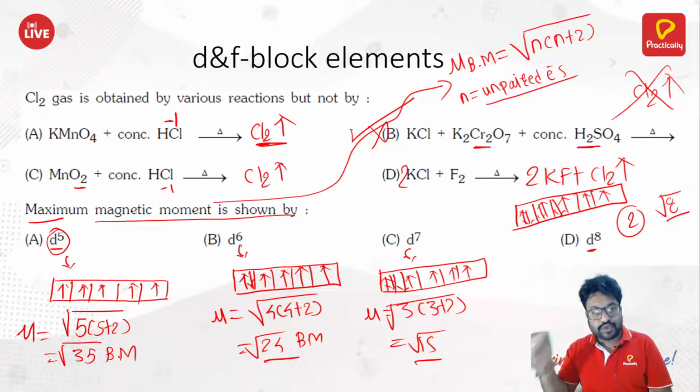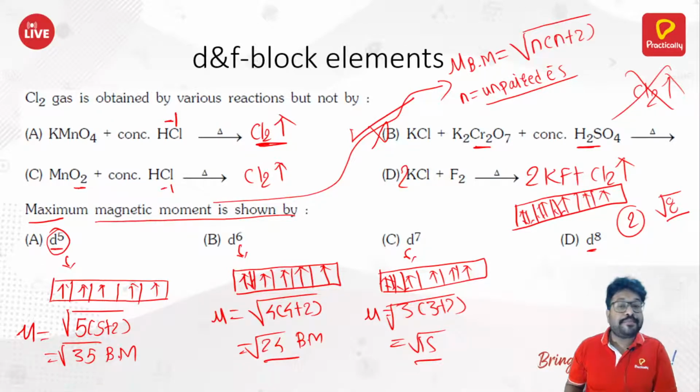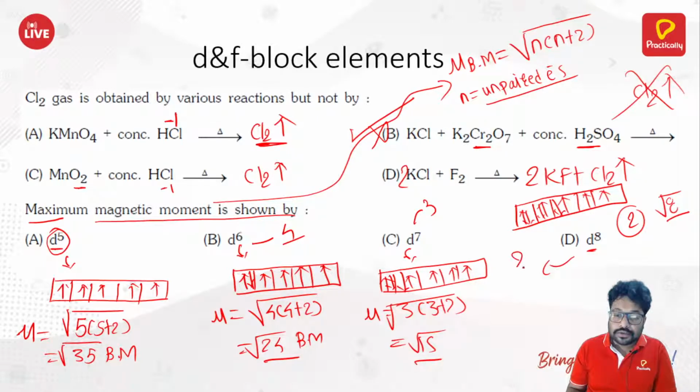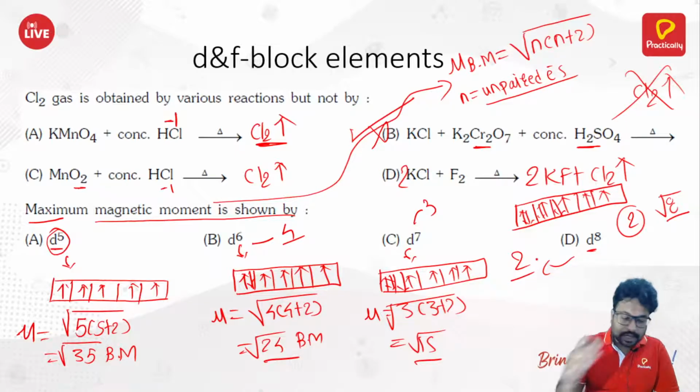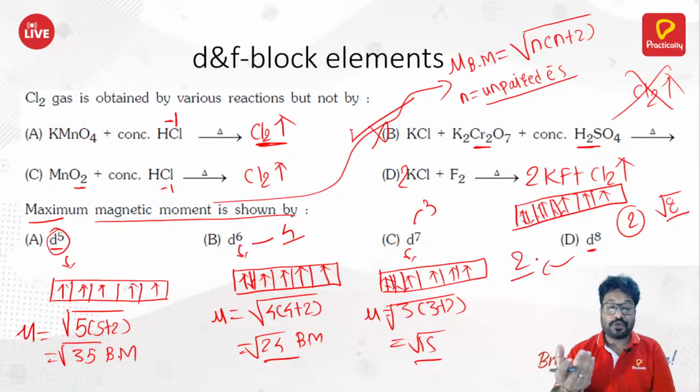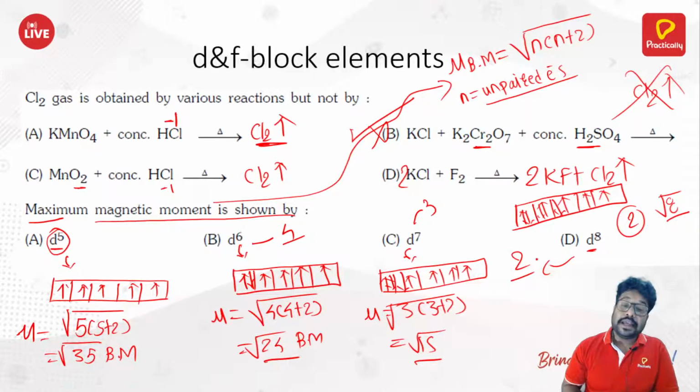From d5 onwards to d10, the number of unpaired electrons decreases: d6 has 4, d7 has 3, d8 has 2, d9 has 1, d10 has 0. So next time you can remember it directly instead of solving this. I made you understand, that is why I solved it. That is why the answer here is A.